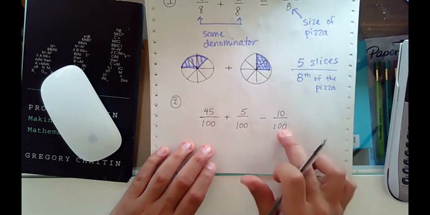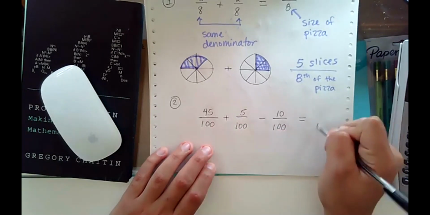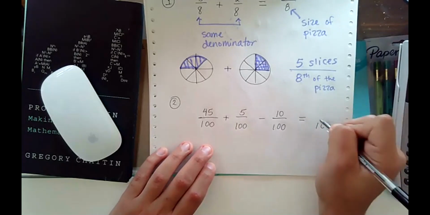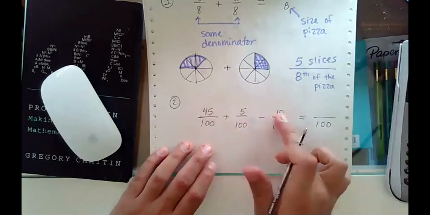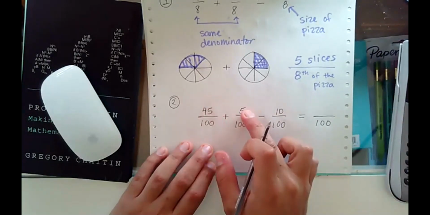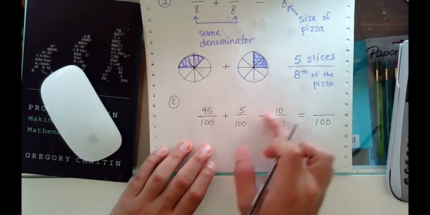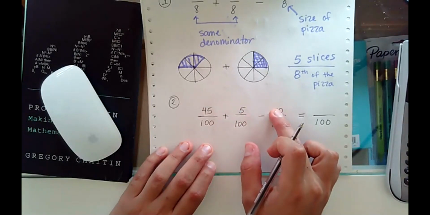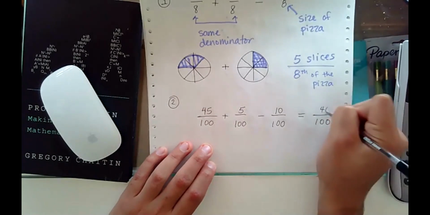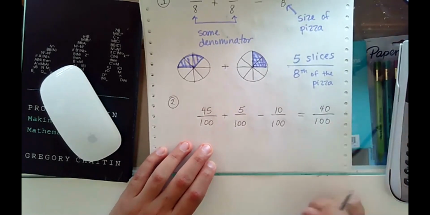The denominators are all the same. Let's keep that denominator and then just do the operations that we see up here. 45 plus 5 is 50, minus 10 is going to be 40. So this should be 40 over 100.